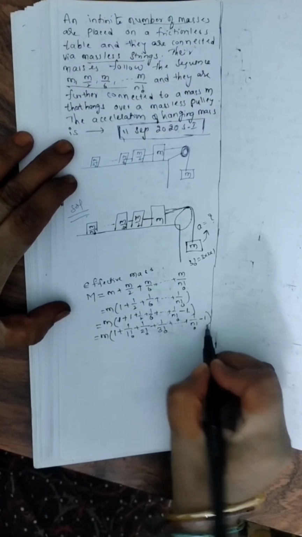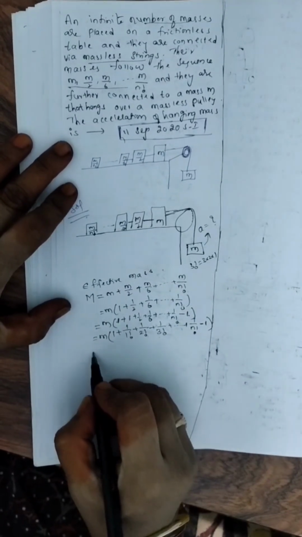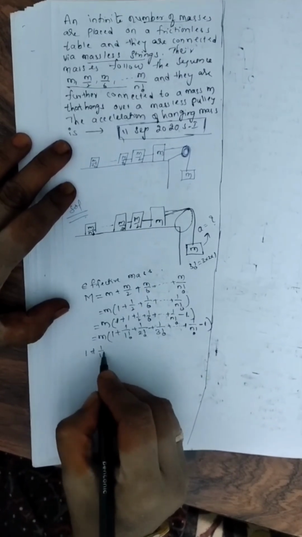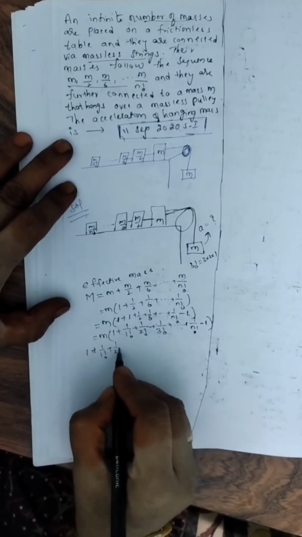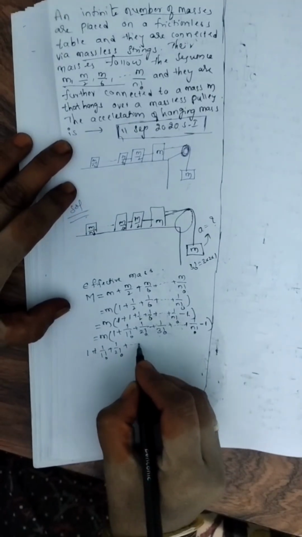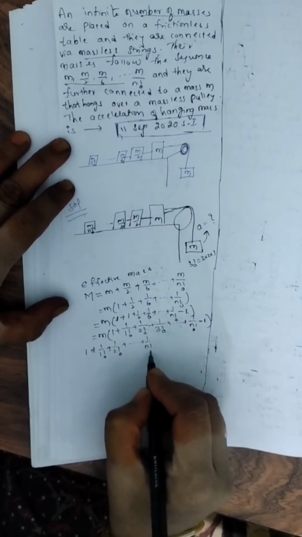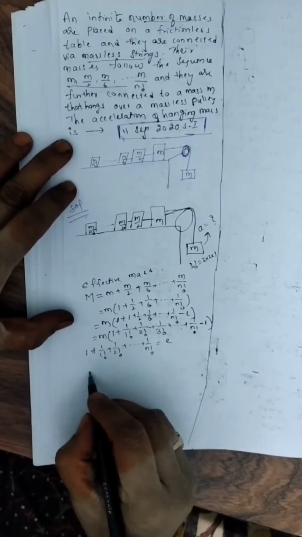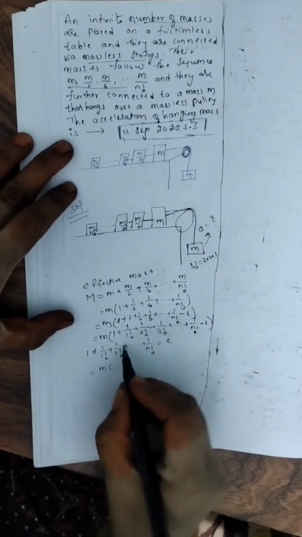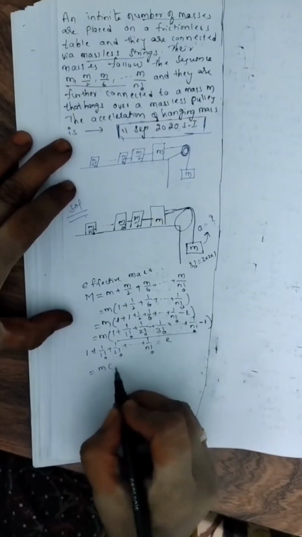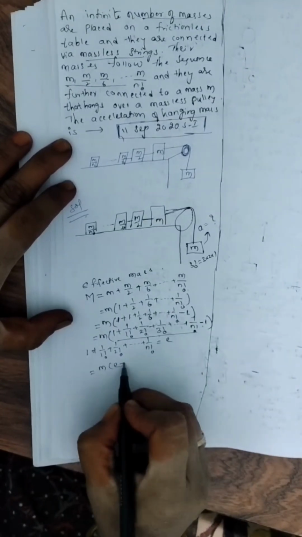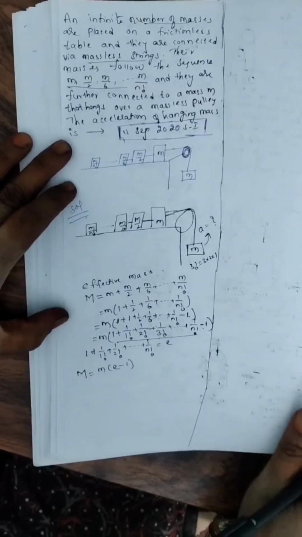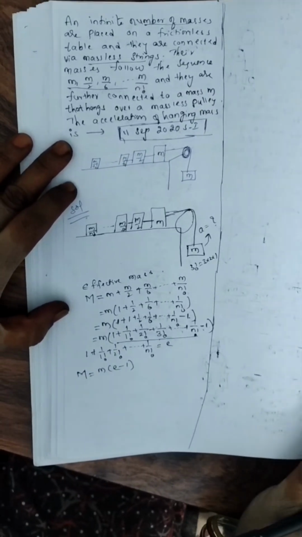Now the value of 1 plus 1 by 1 factorial plus 1 by 2 factorial plus so on up to 1 by n factorial is nothing but e. Substituting e, and minus 1 is there, so the effective mass is M equals m times (e minus 1).